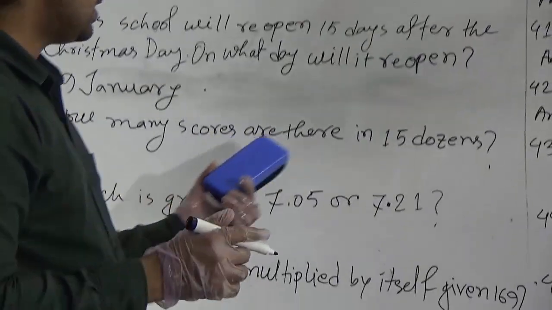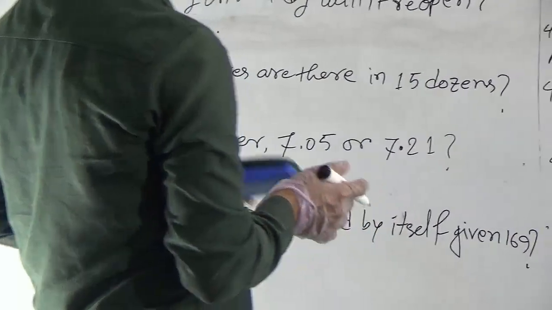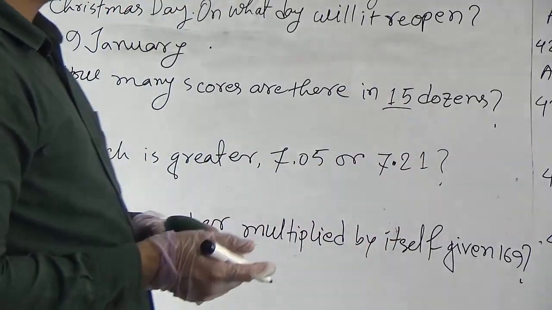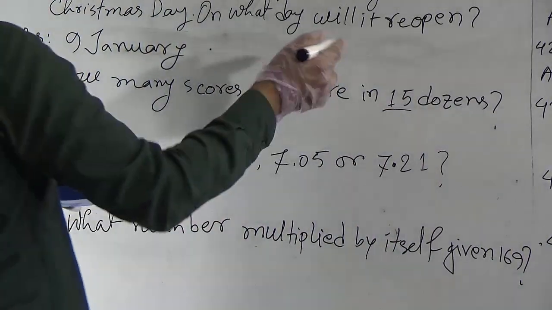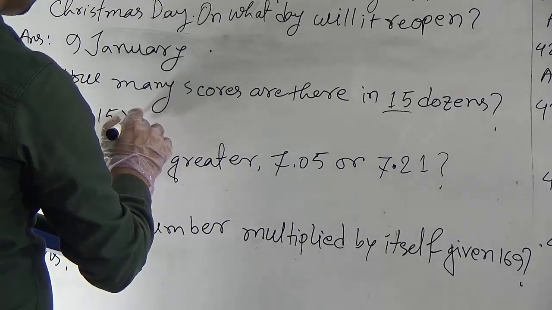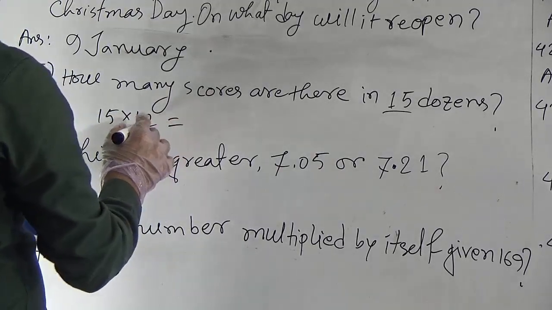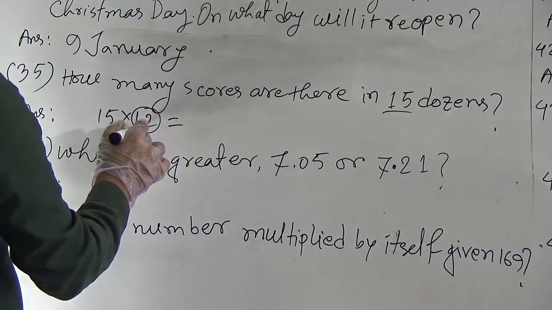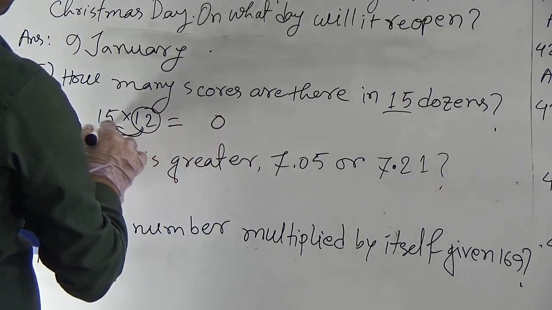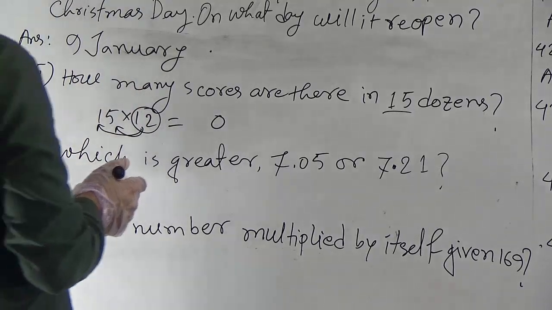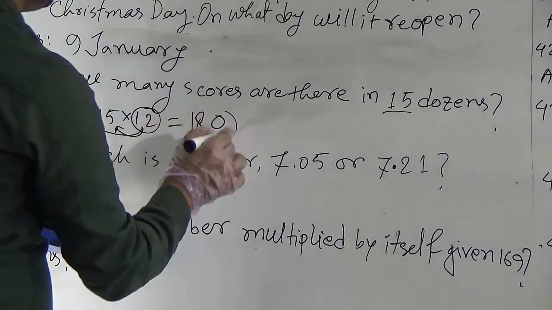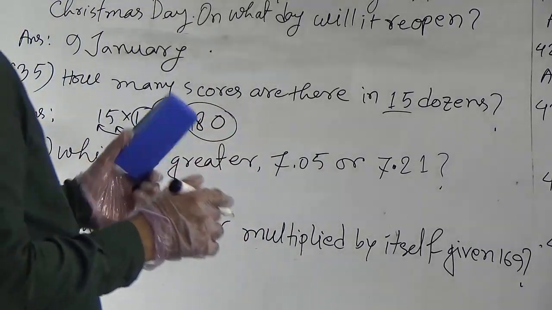Then the next question, 35. How many scores are there in 15 dozens? We need to find the scores. Here dozen is given. We know 1 dozen equals 12 items. So at first we have to multiply 15 by 12. The product will be 180 items.